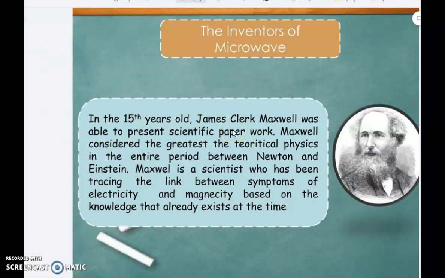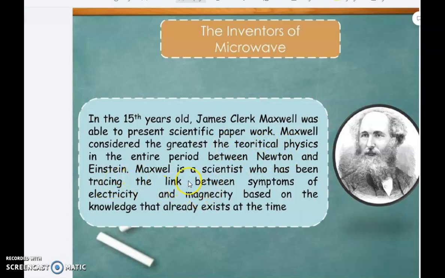When I was trying to search about microwaves, what came to my mind is how this microwave came about. It is good for us to pay attention to that, so I decided to bring this to our notice. Regarding the inventors of the microwave, James Clerk Maxwell was able to present scientific work. Maxwell is considered the greatest theoretical physicist in the entire period between Newton and Einstein.